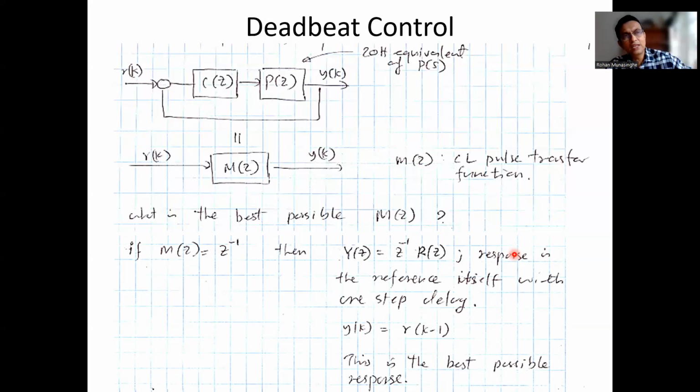You want exactly RK on the right-hand side, the output side, with only this difference, a one-step time delay. So when you have this whole thing equal to Z to the minus 1, you have a perfect discrete control system.